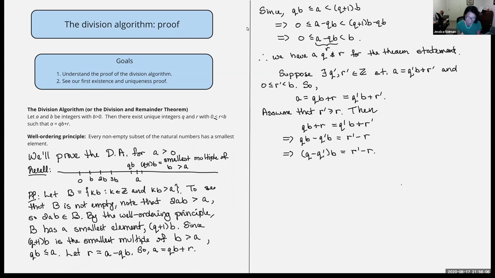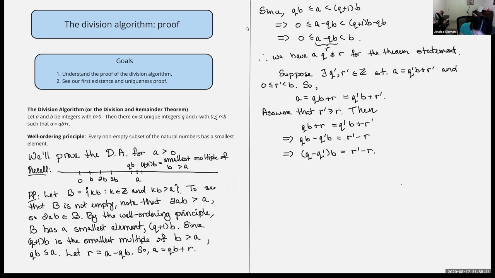Now, since R and R prime are both less than B, when I subtract them, I get something that also has to be less than B, right?